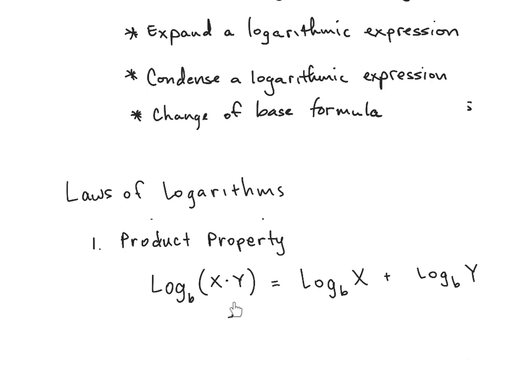Again, this is called expanding. We have one logarithmic expression of a product, and you can expand that into two terms, both involving a logarithm of the same base, base b. Here we have x, and here we have y, both factors of this product, separated by addition.